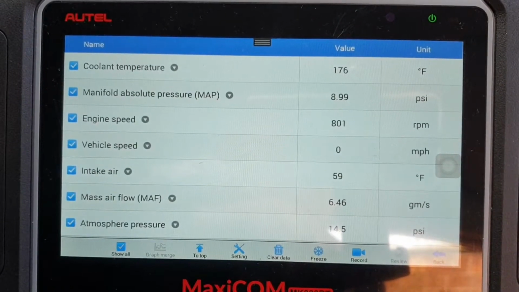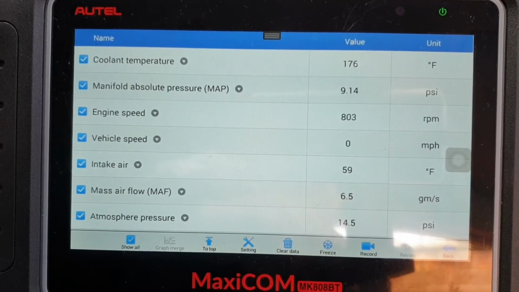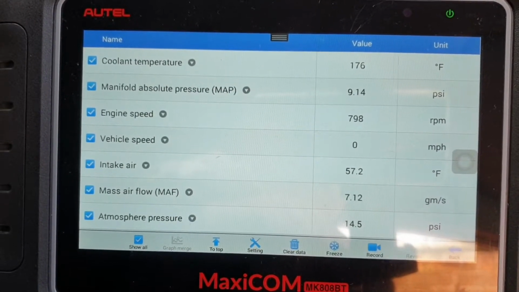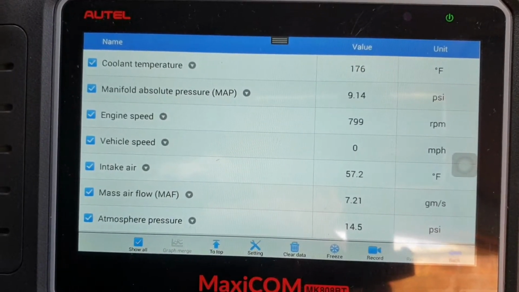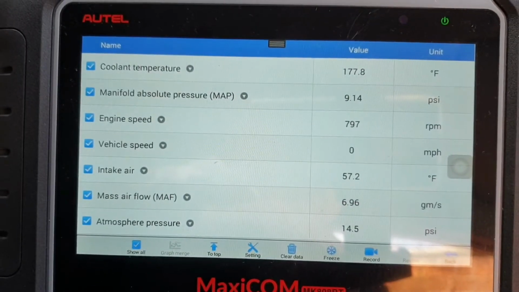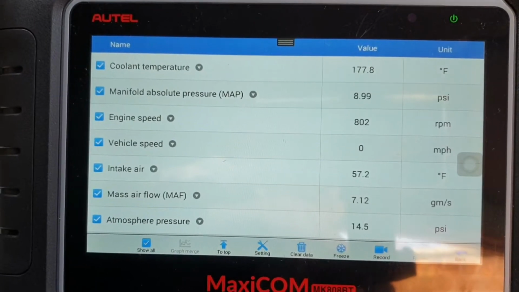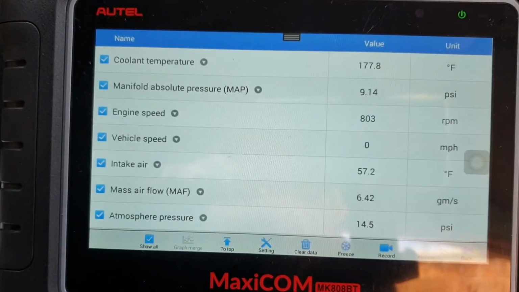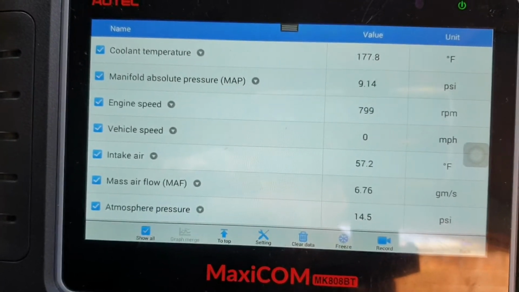The engine speed is 805 revolutions per minute. Vehicle speed is 0, the intake air temperature is 57.2 Fahrenheit. Mass airflow rate is 6.92 grams per second. Atmospheric pressure is the same.